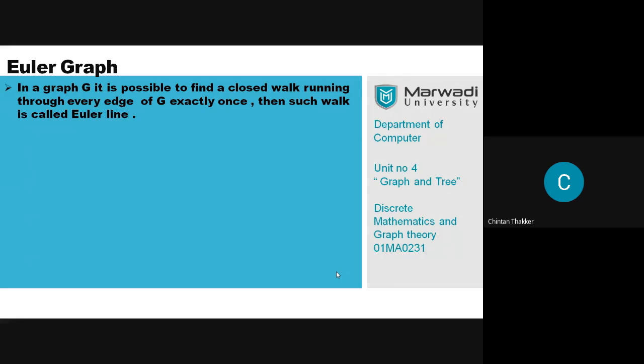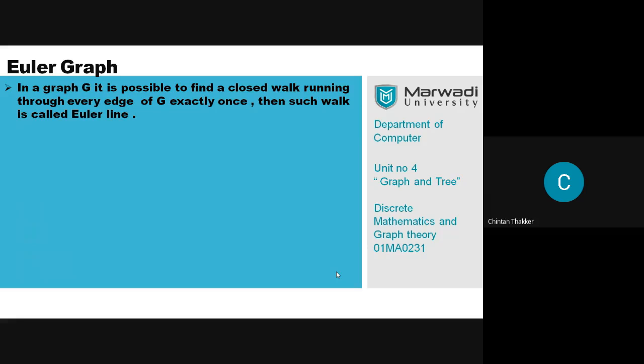So first we define the Euler line. What is the Euler line? In a graph G, if it is possible to find a closed walk running through every edge of G exactly once, then such a walk is called an Euler line.